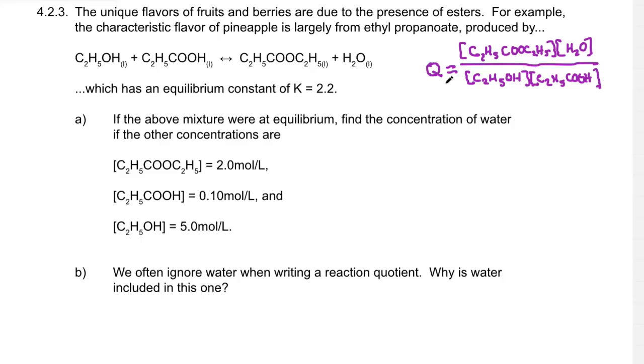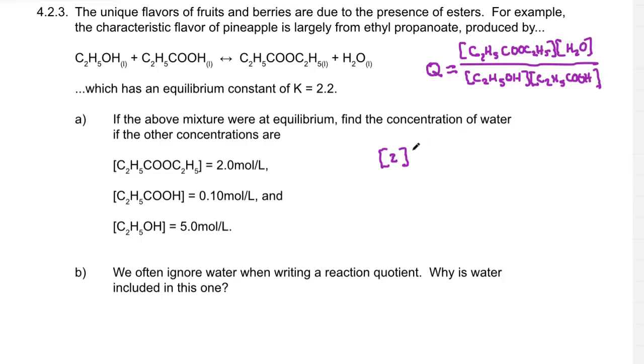Okay, so we've written this equation. We've been doing this for the last few pages, but now we actually have some numbers to go into it. If we are at equilibrium, we know the following things. Our ethyl propanoate, the C2H5, blah, blah, blah, blah, is 2 moles per liter, so that number is 2.